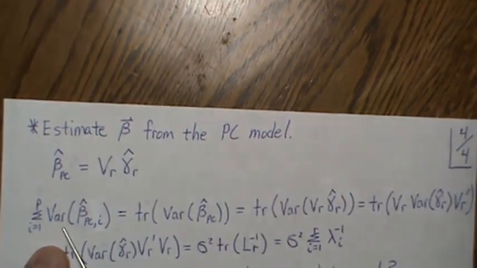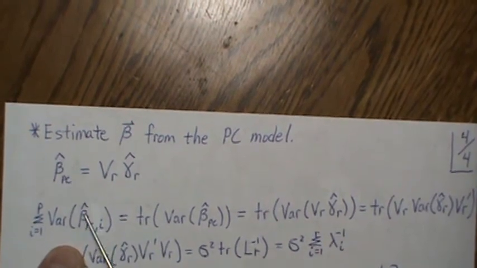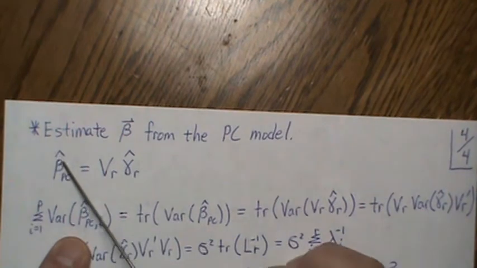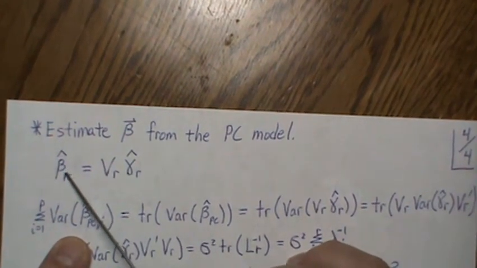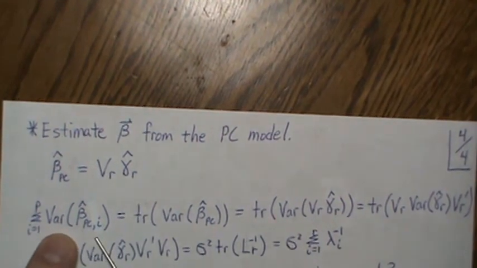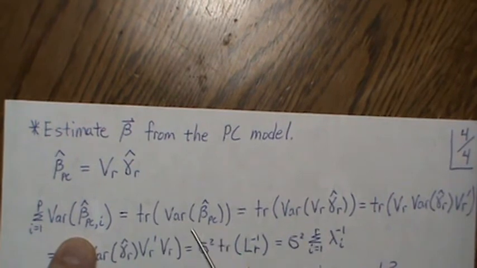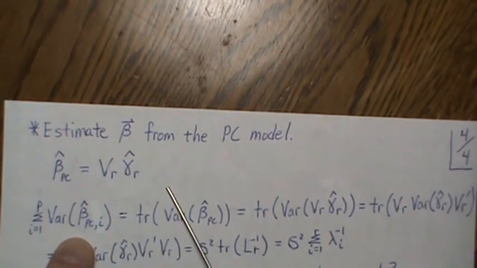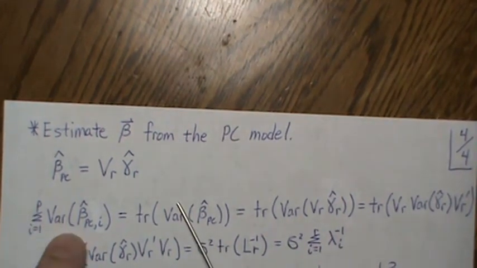So now let's look at the variance of the sum of all these components, which is this. These are individual variances, so it's the variance of component 1 plus the variance of component 2, variance of component 3. That's what this represents. But if we kept it in vector form and took the variance, we'd create a variance covariance matrix. If we just sum the diagonal elements, which is summing the variances, that's what this represents.